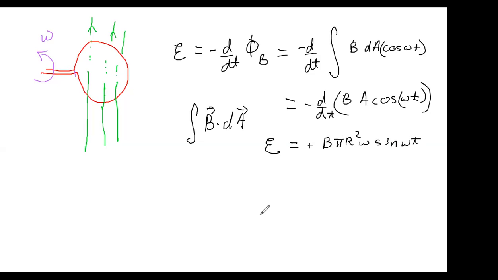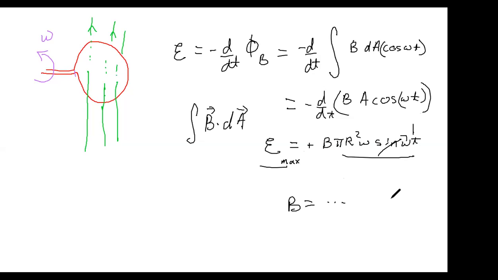Okay? And in the problem, they give you the maximum voltage. And that comes when the sine of omega t is equal to 1. So you can get B equals that stuff.